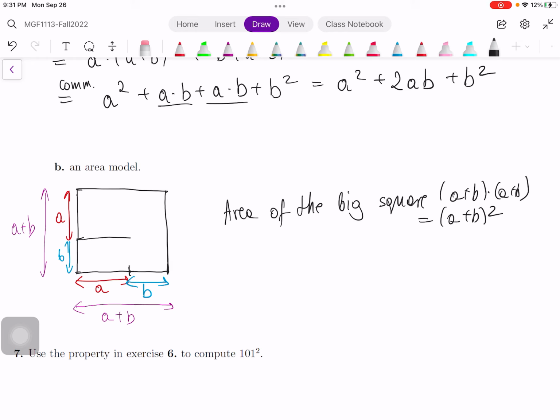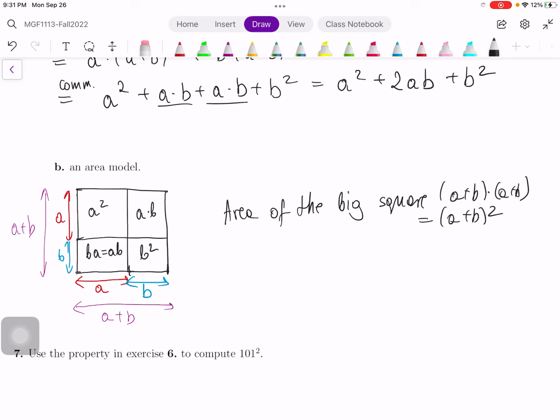But then the same area can be split into 4 squares. This one is the square A by A, so A squared. This one is A times B. This one is B times A, which I know is the same as A times B. And this one is B times B, or the square B squared.